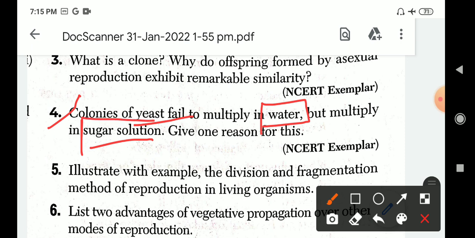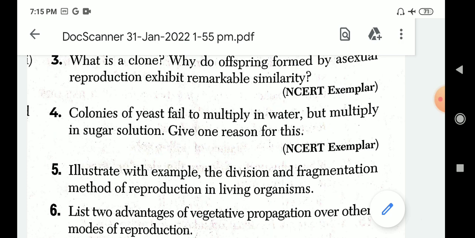Sugar solution has nutrients for the growth of yeast. So when we put yeast into the sugar solution, the budding process will start and it will give rise to many yeast cells. So yeast colonies will develop here due to the presence of nutrients.